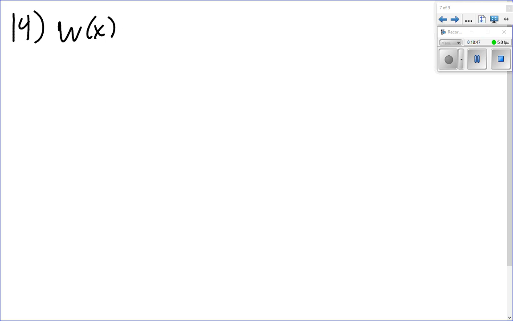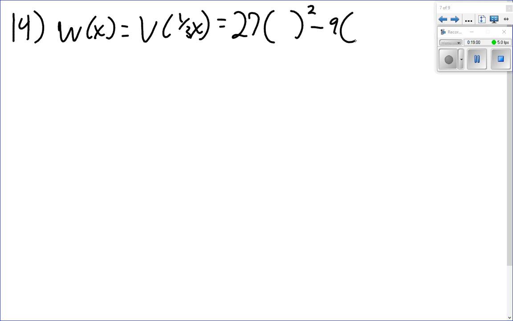W of x is v of 1/3 x. So I take the function v, which is given at the top of the paper, and everywhere I see an x, I replace it with 1/3 x.